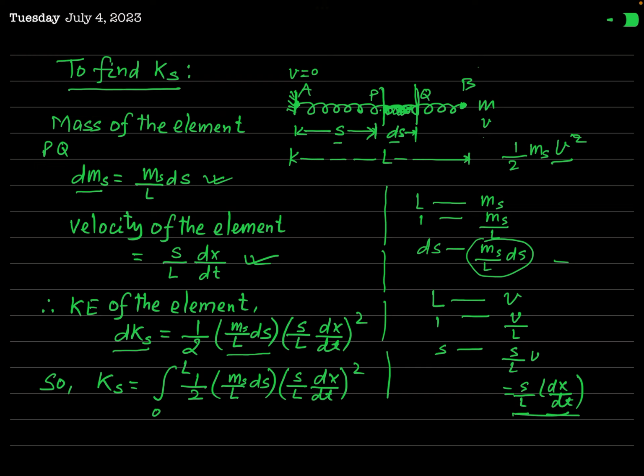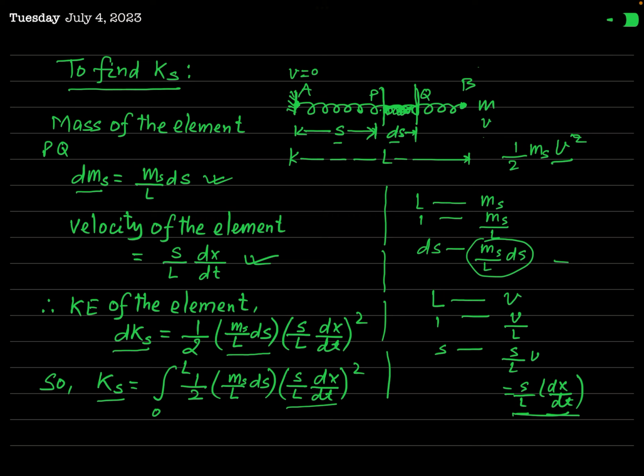Now integrating this result, we will get the total kinetic energy of the spring. So let us integrate it. So the kinetic energy of the spring Ks is equal to the integral of 1 over 2 ms by L ds times s over L dx by dt, whole square.